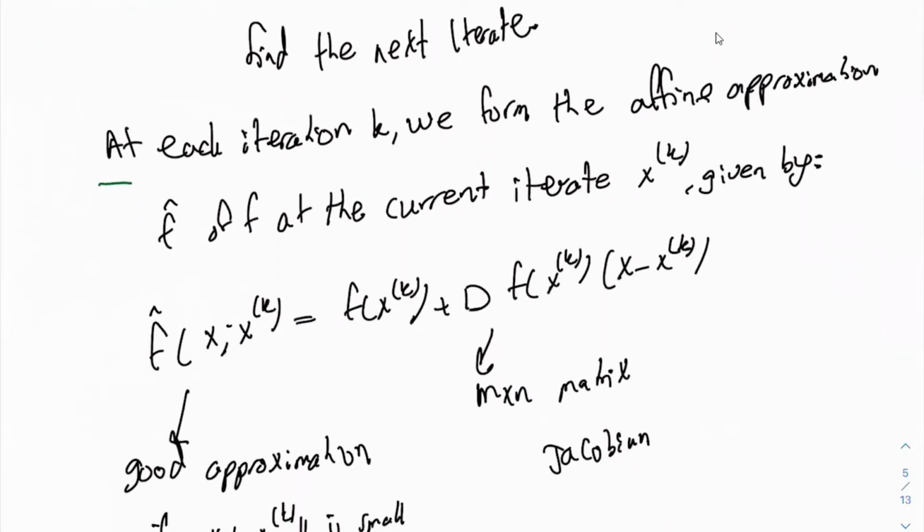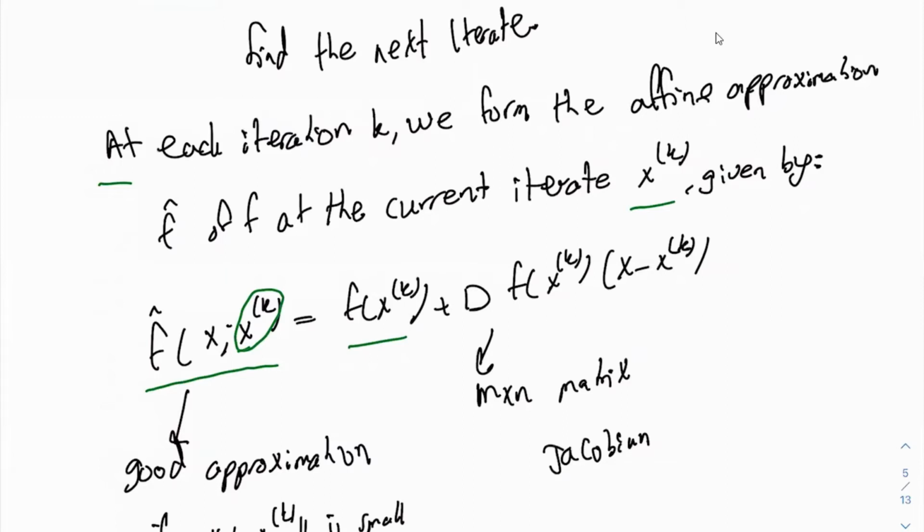So that's what I explain here. At each iteration k, we form the affine approximation f hat of f. So f hat is the affine approximation at the current iterate x of k. So let's see what I mean. You have this f hat of x, with x of k the current estimate that we have. Remember, in that video I talked about this Jacobian matrix and the linearization.